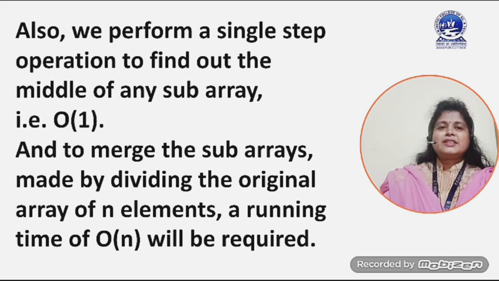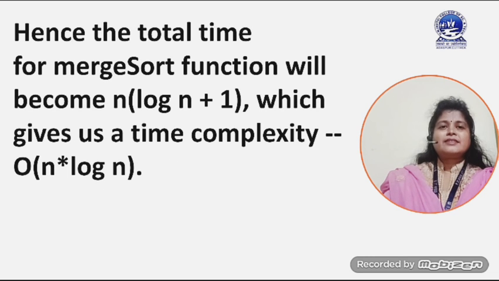Also, we perform a single step operation to find the middle of any subarray, that is represented as order of 1, and to merge the sublists made by dividing the original list of n elements, a running time of order of n will be required. Hence, the total time of the merge sort function may be calculated as n times (log n plus 1), which gives us a time complexity of order of n log n.